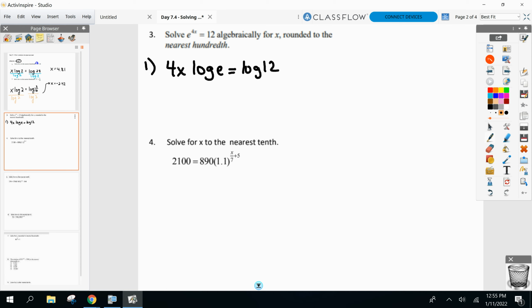We're trying to get the x by itself, right? So last 2 problems, we just divided by the log of whatever's there. But what do I still have there that I got to get rid of? A 4. So why don't we just do it all at the same time? Instead of dividing by log and then having to divide by 4 again at the end. So let's just do it all now. Divide by 4 log E.